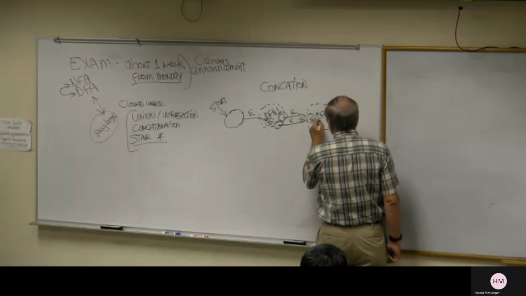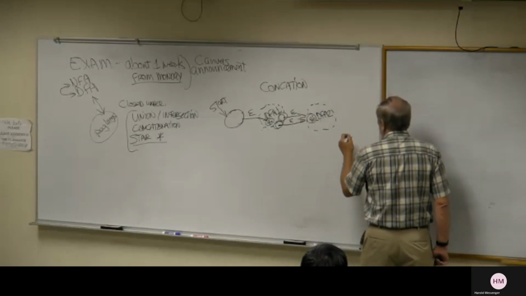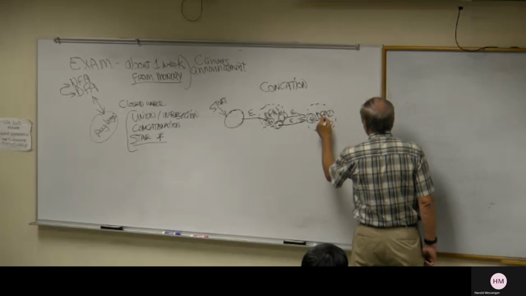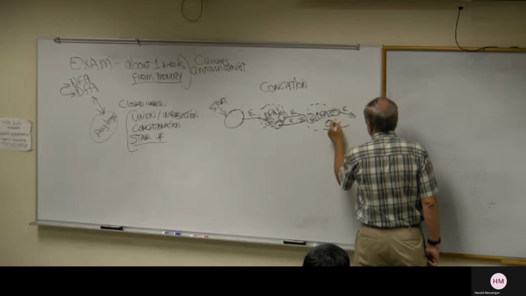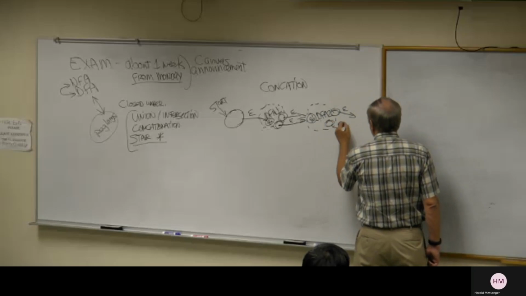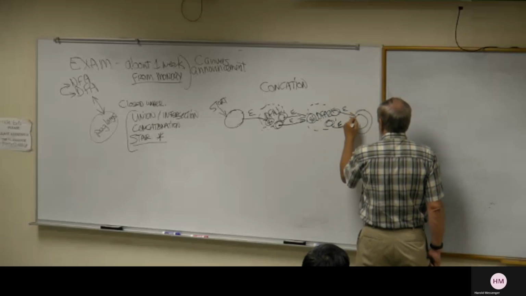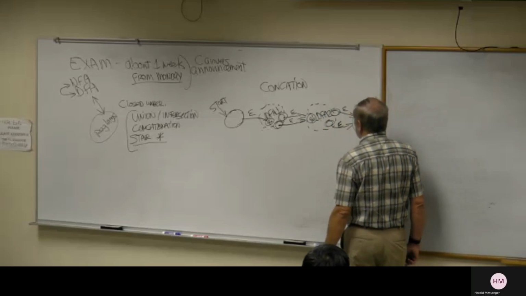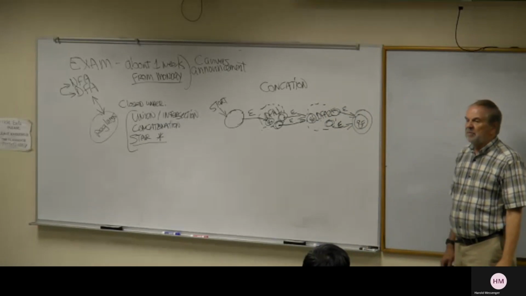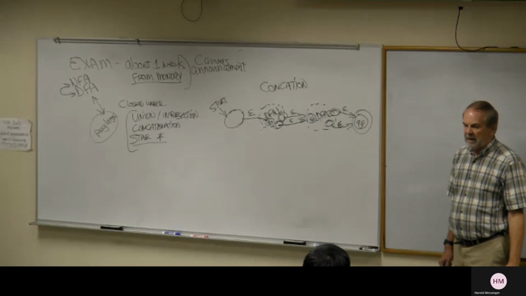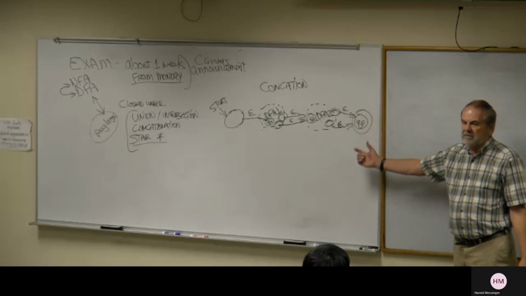I like the idea of, again, making it modular, to go to a final state out here. And so this should make some logical sense. The idea of concatenation: take a string out of one language, write it down, and then put a string from the second language right next to it.